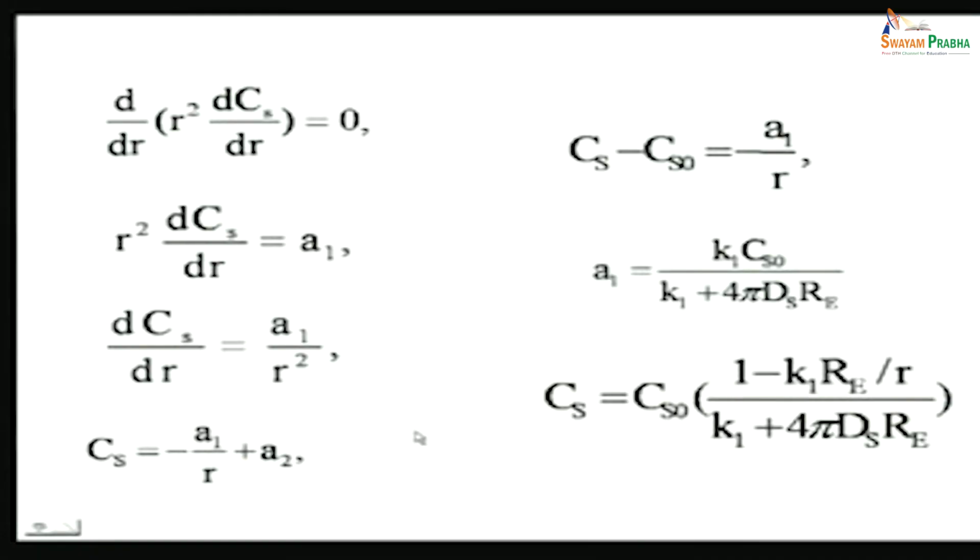So this is the final solution that you have, which is Cs equals Cs naught times 1 minus K1 Re over r, over this denominator. Get that, or is it too quick? Okay, just make a note even if it's a little quick.